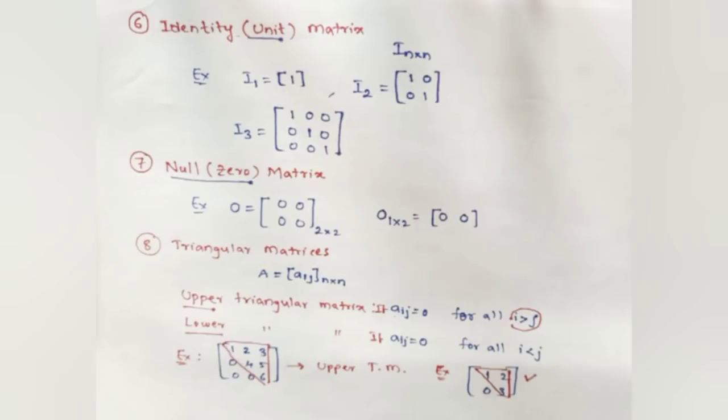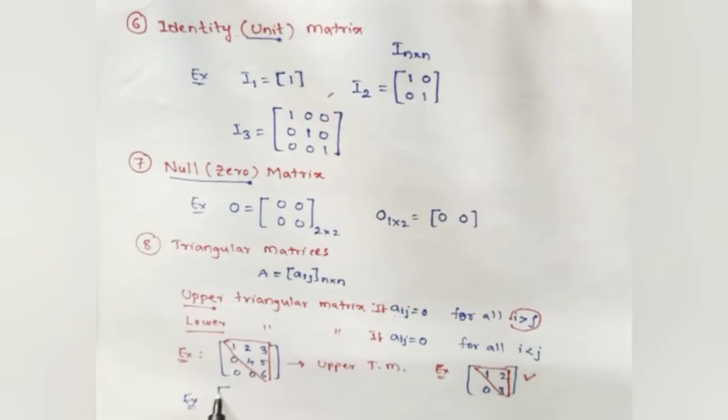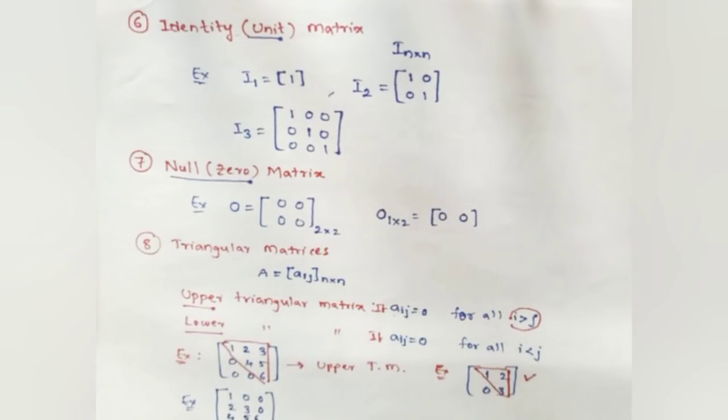Consider one more example regarding the lower triangular matrix. It is 1, 0, 0, 2, 3, 0 and 4, 5, 6. You can observe that these values may or may not be 0, but these Aij values are 0 since i is less than j here.